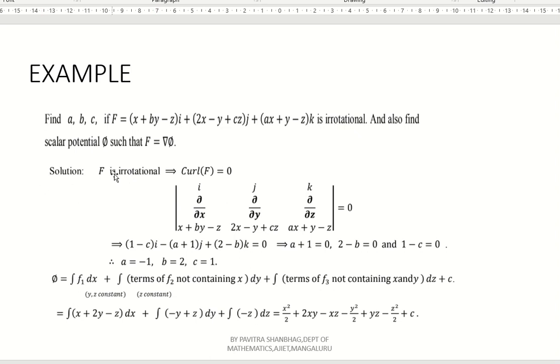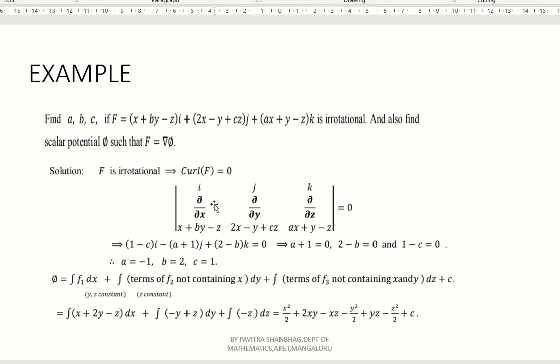Now what is the condition for irrotational? That is curl f equal to 0 vector, right? What is curl f? Determinant ijk, dou by dou x, dou by dou y, dou by dou z. And what are the coefficients of ijk? x plus by minus z, 2x minus y plus cz, ax plus y minus z, equal to 0.